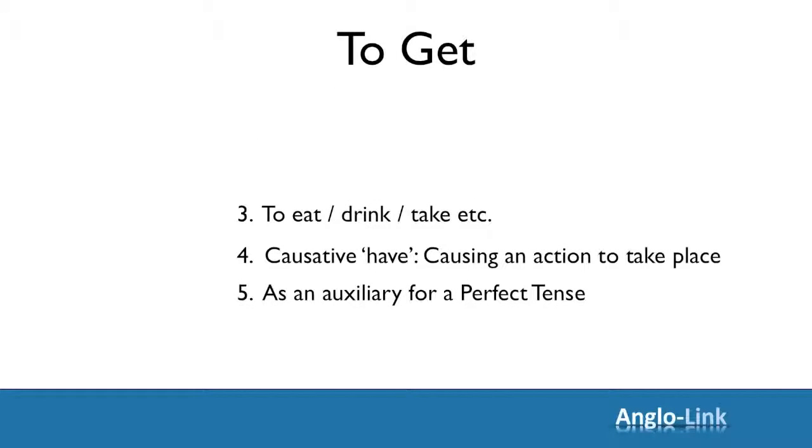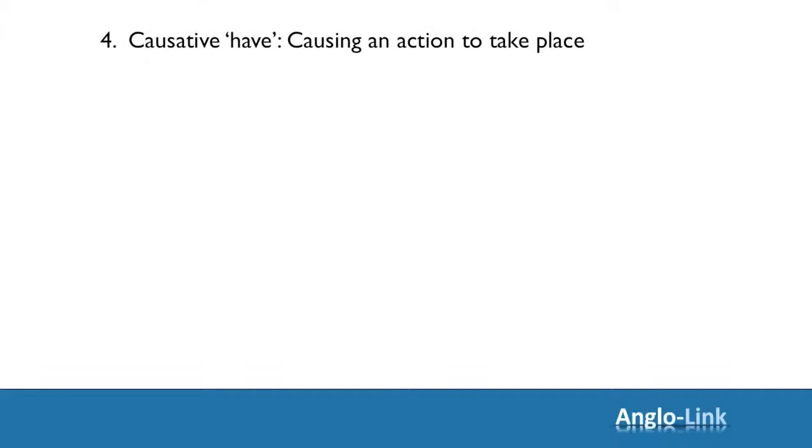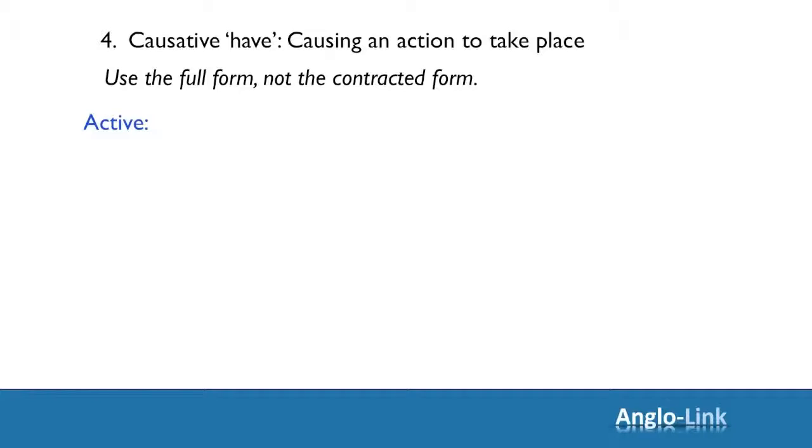Okay, let's look at the causative have now. The causative have also is the main verb, and therefore you must use the full form. There are 2 possibilities. It can be active or passive. In the active sense, you say to have someone do something.